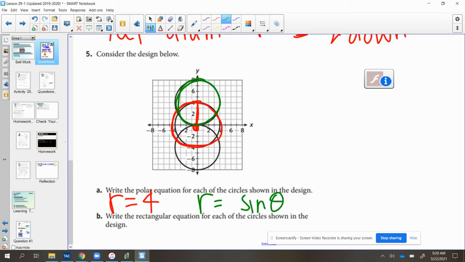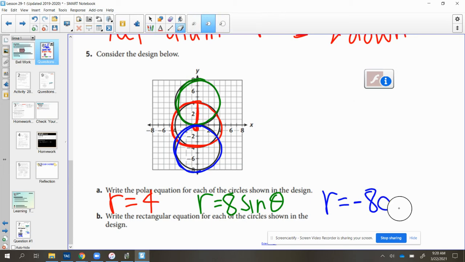And in this case, it's equal to the diameter, which if the radius is 4, the diameter is 8. And then our last one would be shifted down, so that would now be -8. Oops, not cosine, sine, since again we're shifting down versus left and right.